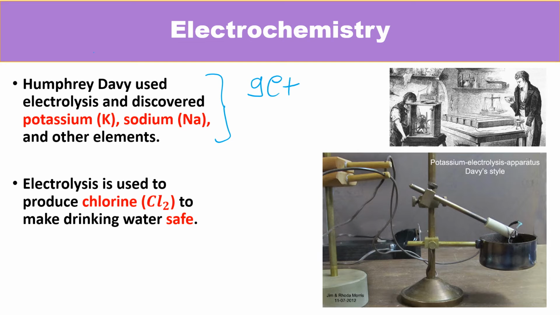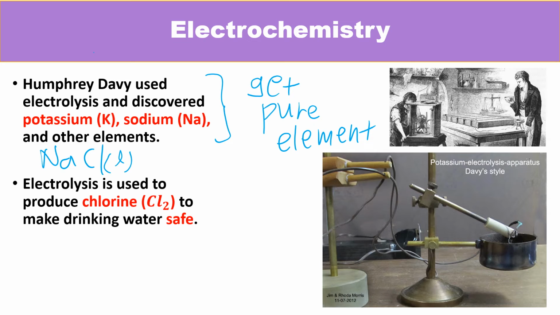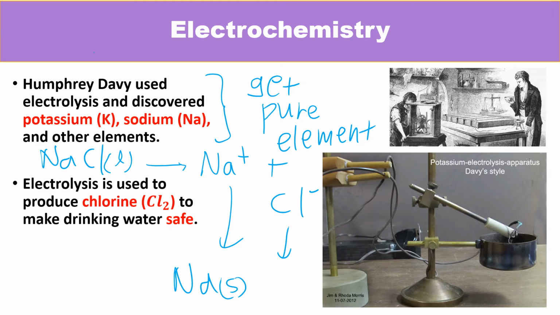For instance, if I have sodium chloride, I can melt it into liquid. And if I apply some polarity, I can have sodium and chloride, except as time goes, it's going to turn into its own pure chemical, something like that.